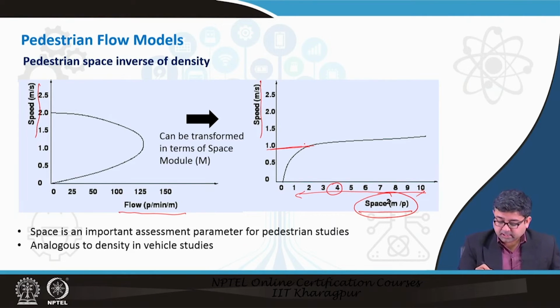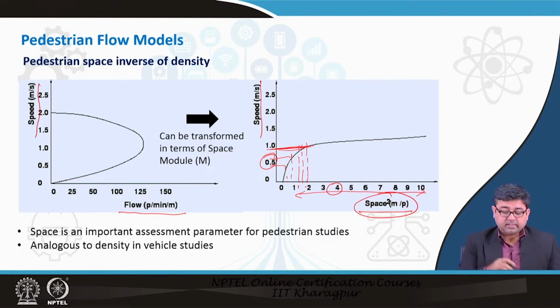But it has been noticed that any space more than about 1.5 to 1.75 square meters does not bring about any increase in speed. However, if the space is less than 1, then there is a much larger reduction in speed. So in congested situations, when one person has less than 1 square meter for himself or herself, their speed does get restricted.